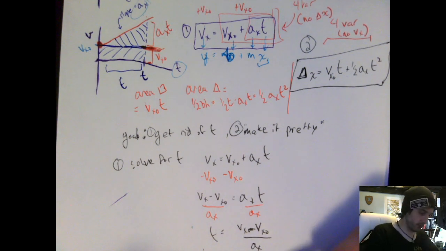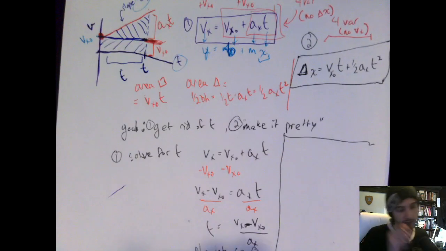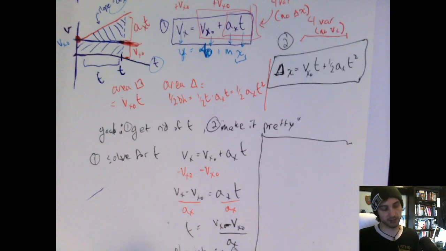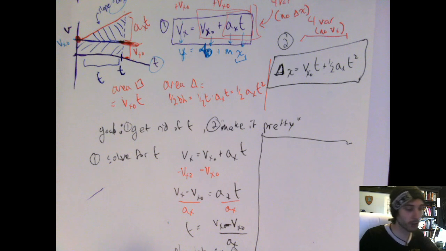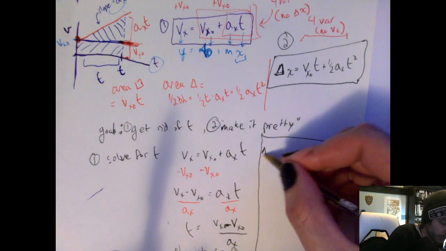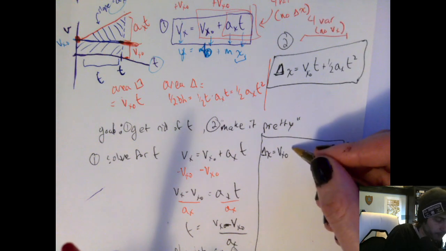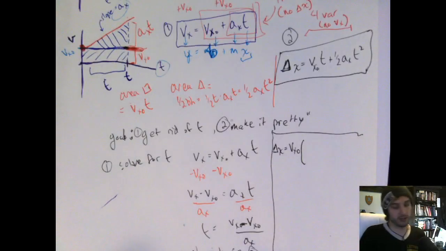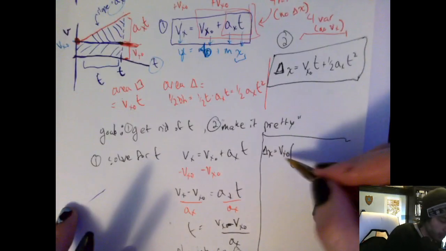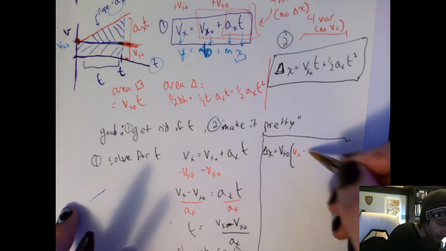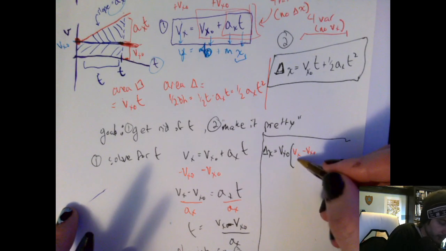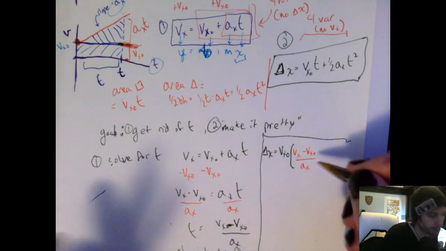If I do that, what I'll be left with is an equation that does not have t in it because I will have turned t into something that uses the other two variables. So what that'll look like is delta x equals Vx naught, and then I need to include my thing for t, which is Vx minus Vx naught divided by Ax.